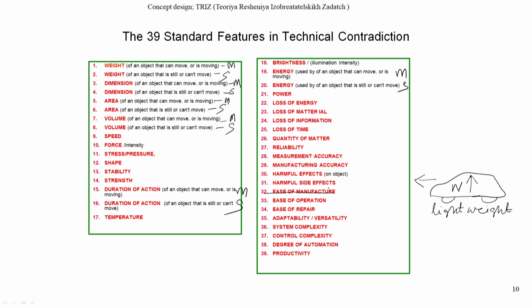If you have a very thin sheet, you won't be able to manufacture the car so easily. You have to think of different techniques, and then if you want to take care of that, the cost will increase. So, this is just one example where number 1 and number 32 are in contradiction. That is a technical contradiction.